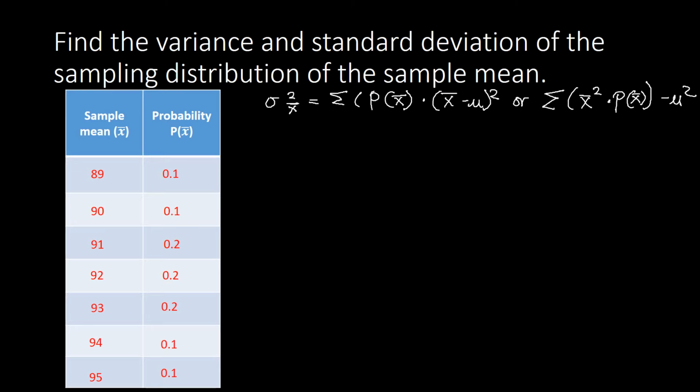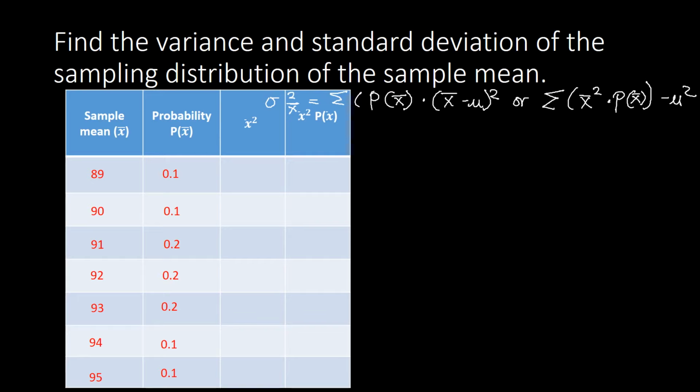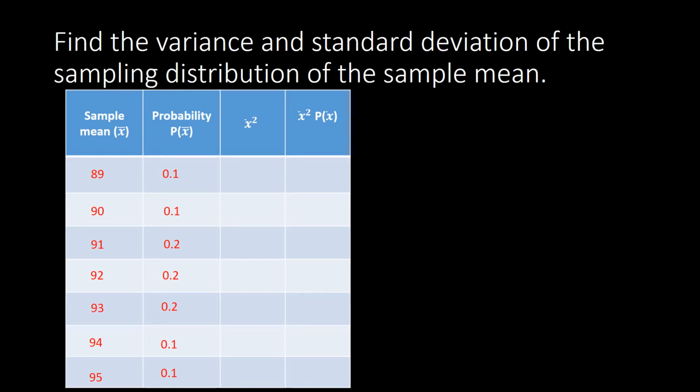We're adding two columns, which you will name x bar squared, and the other one is x bar squared times P of x bar. So that will be our added columns.